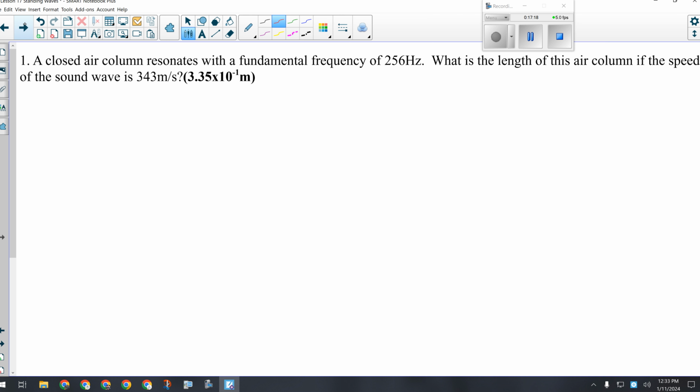Try this one. You've got a closed air column, so right away we know that lambda equals 4L. As soon as you see closed, that's the formula you're going to use. It's telling you it's resonating with a fundamental frequency of 256 hertz.